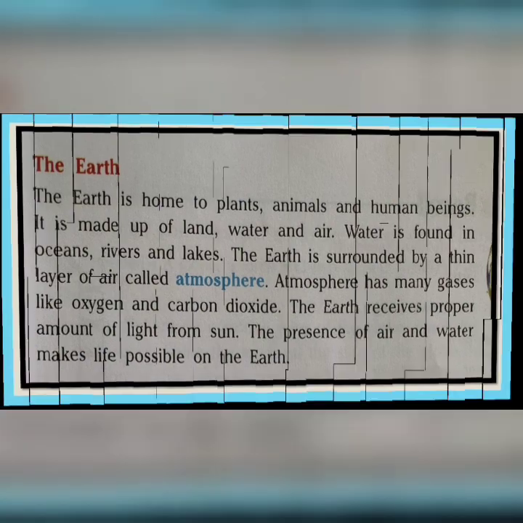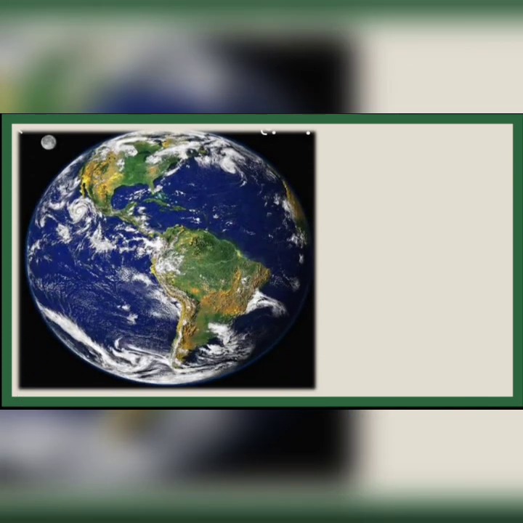Now let us see the picture of the earth. See the blue colors, it represents water, and all these are land. The amount of water is maximum, more than land.